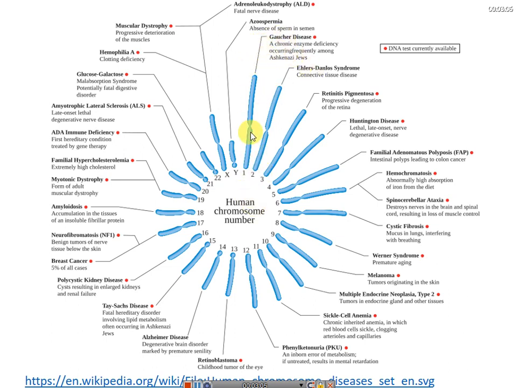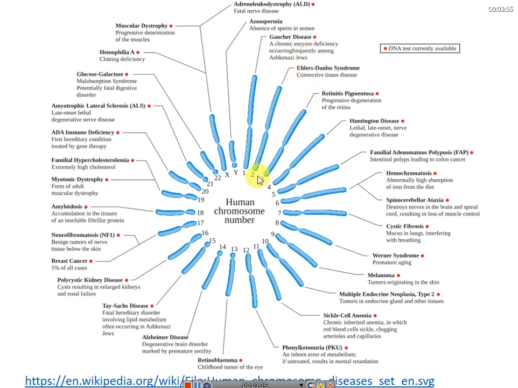With chromosome 1, an abnormality or aberration leads to Gaucher disease, which is a chronic enzyme deficiency occurring frequently among the Ashkenazi Jews, a population in whom we see many genetic disorders.